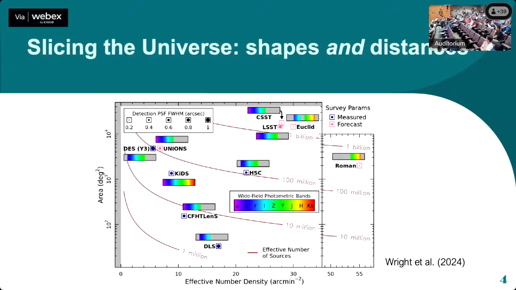And if you look at the stage 3 surveys, this is where KiDS, which I'll briefly talk about, distinguishes itself from, say, HSC or DES. So you can see they probe different regions in this parameter space. And the same is true, although they appear a bit closer here, but Roman fits its own spot in this parameter space. And I think this is really important.